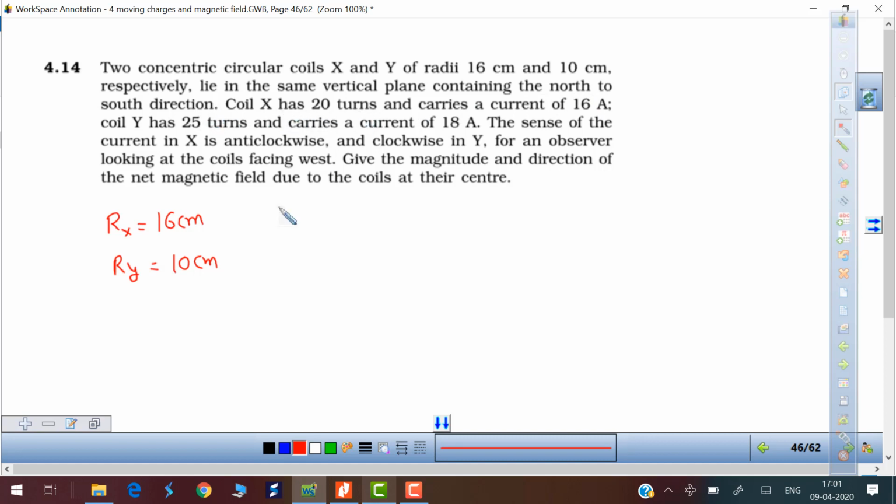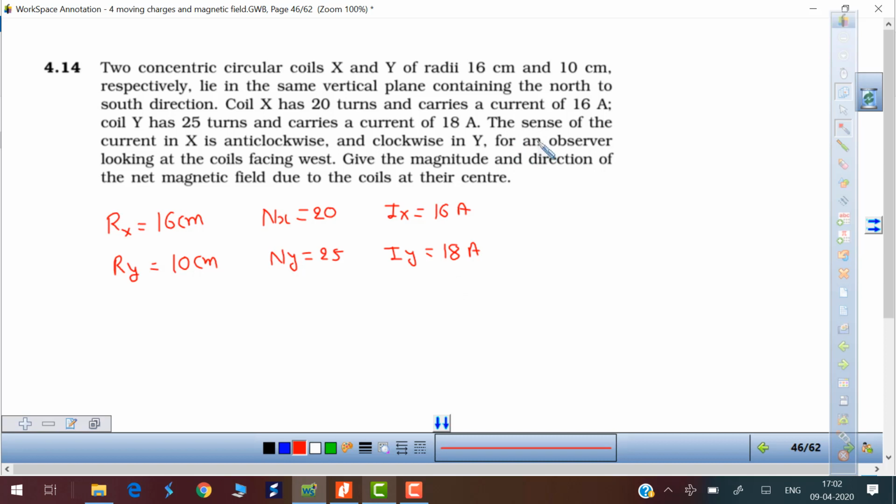Coil X has number of turns N_X is 20 and N_Y is, sorry, N_Y is not 16, N_Y is 25. I_X is 16 ampere and I_Y is 18 ampere.